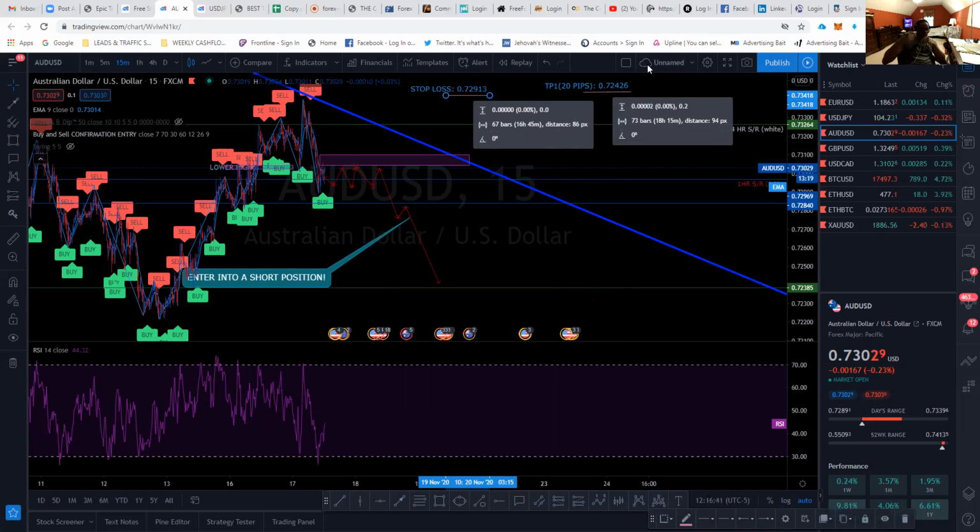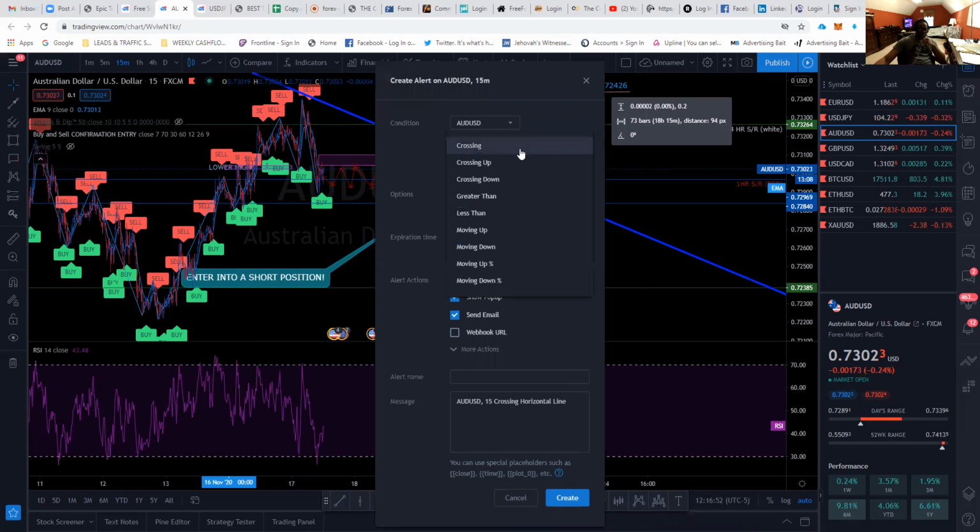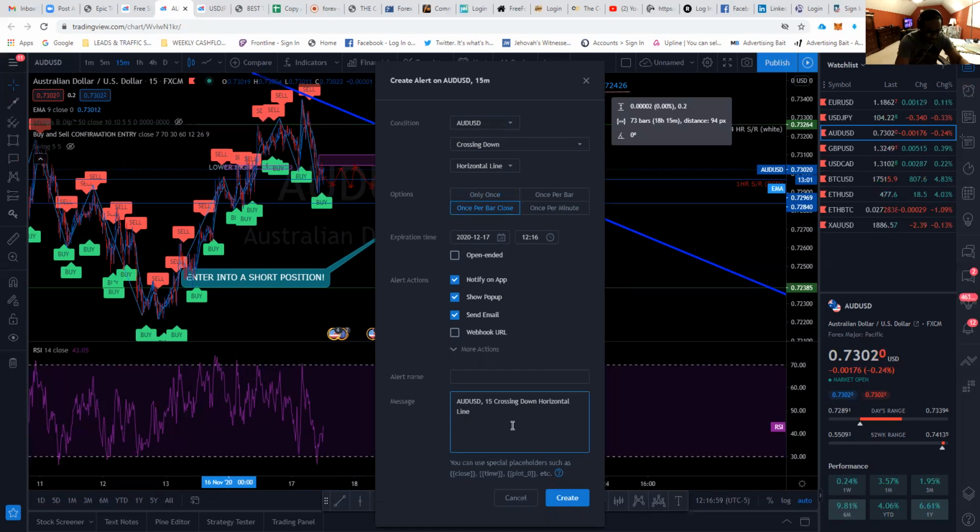So now, knowing that we have the stop loss and the take profit set, it's all up here. Now I'm going to set an alert with this. I want it to alert me that price is crossing down, once per bar close. And the message I want to display to my email is: price has crossed the horizontal line.